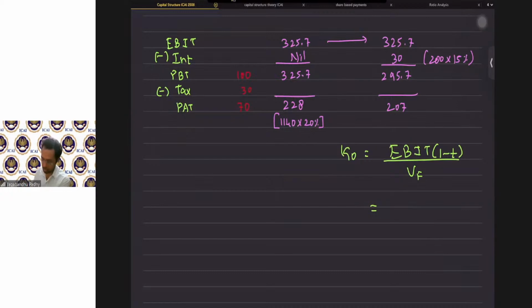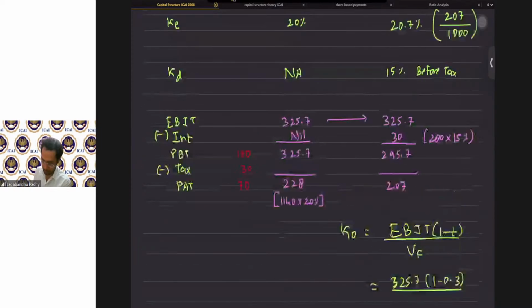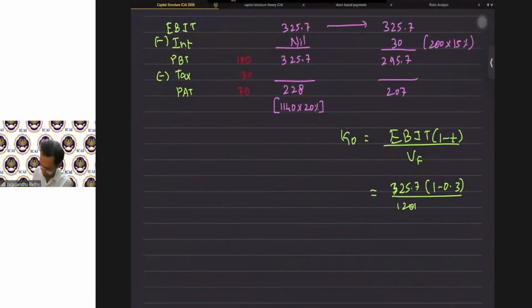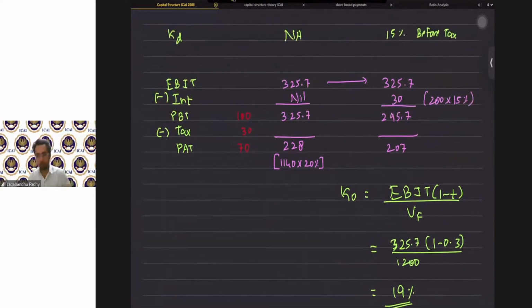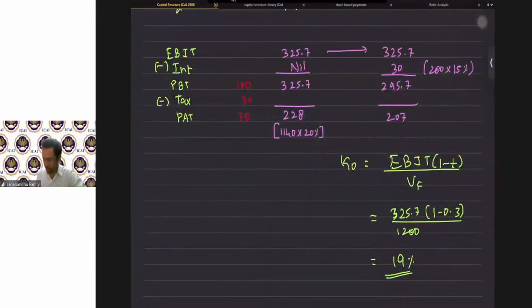So EBIT was 325.7, times (1 minus 0.3), divided by value of the firm, which is 1200. So overall cost of capital works out to be 19%. Okay, so that brings this question 8 to an end.